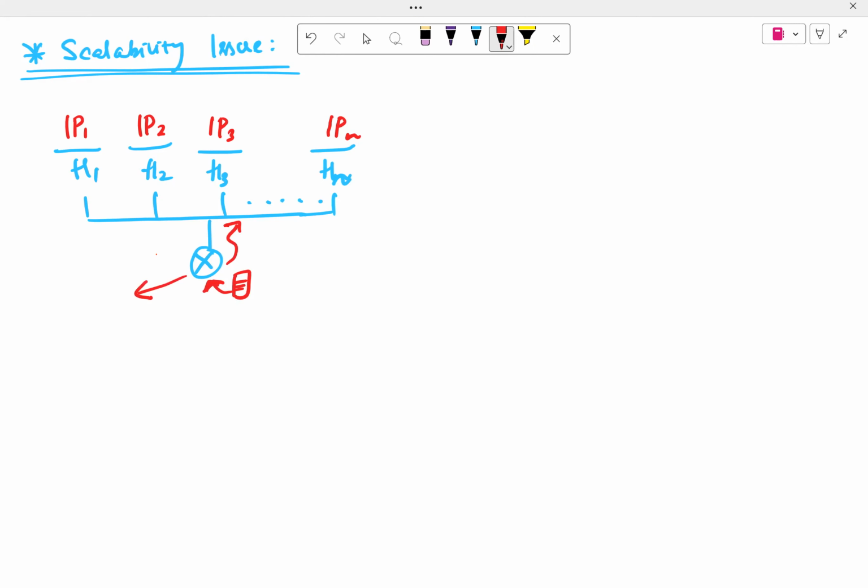It has to maintain a lot of records to have that flexibility in terms of where to send the packets.